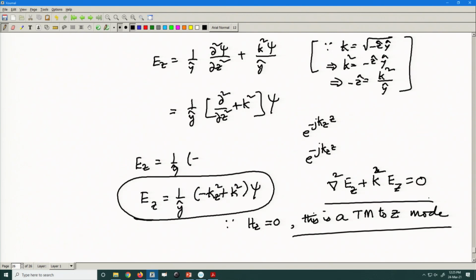Okay. So, therefore, we find that the component E z, because it satisfies the source free wave equation, is also called an E mode. The T m to z mode is also called an E mode.